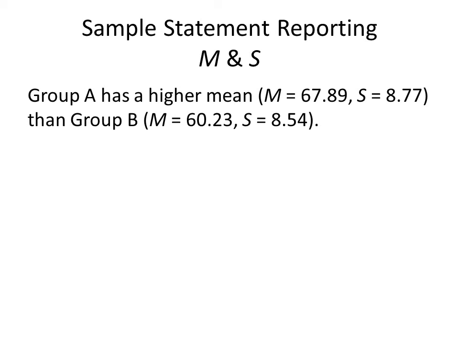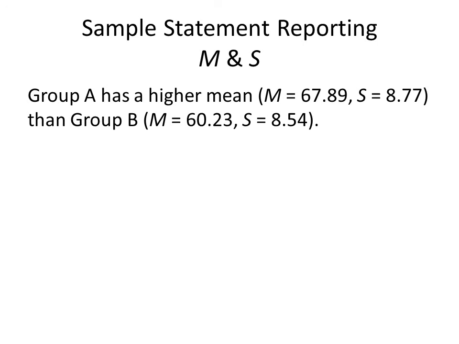If we are reading a journal and see a sample statement that states the mean and standard deviation, group A has a higher mean, 67.89, with a standard deviation of 8.77.